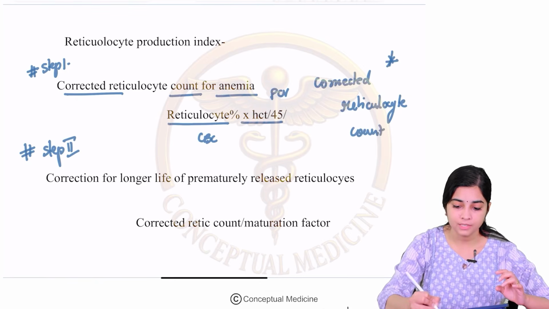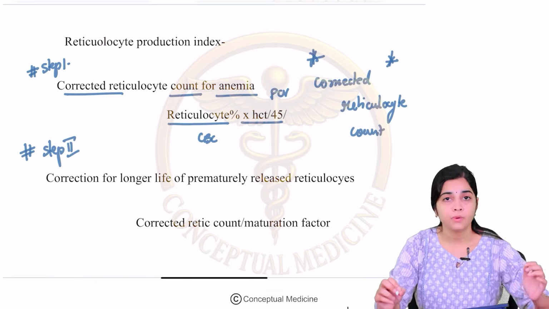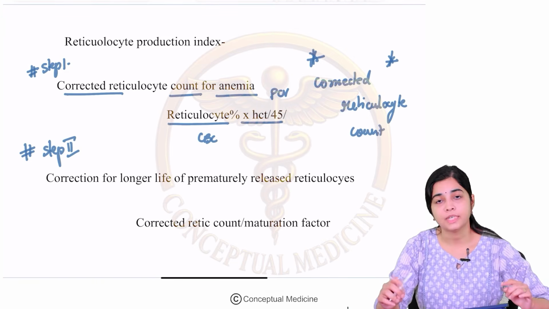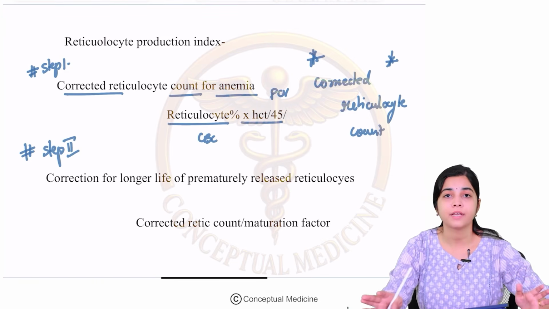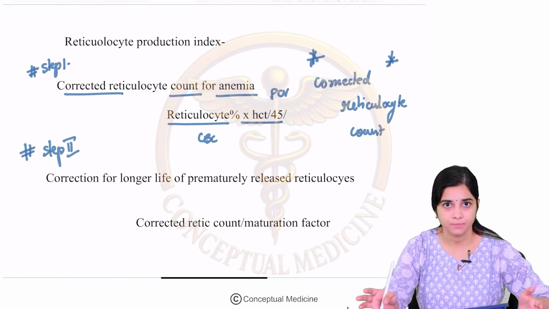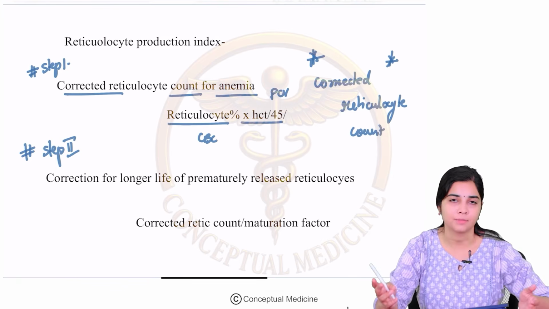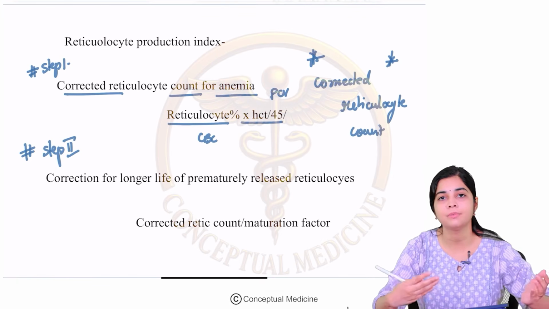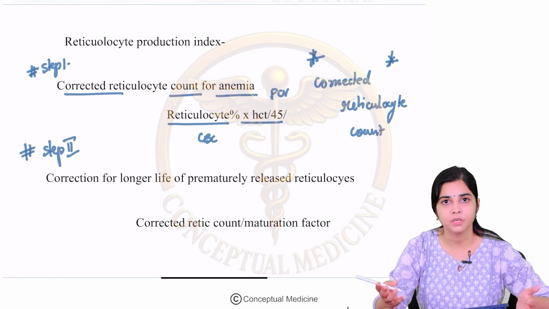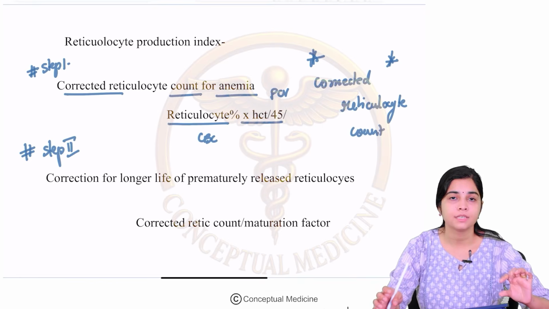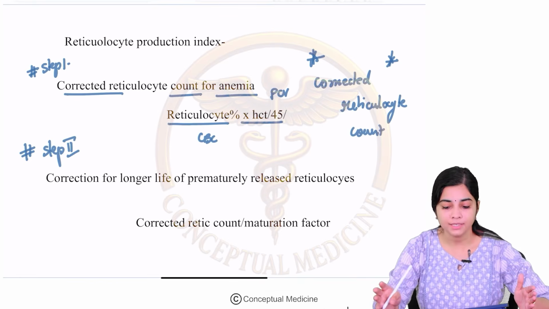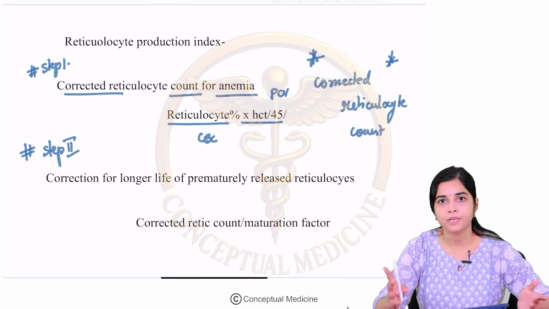Very important to calculate the reticulocyte production index: the first step is to identify the corrected reticulocyte count. What is it corrected for? It is corrected for the degree of anemia. The degree of anemia can indirectly be measured by the PCV. So the reticulocyte percentage which you obtain in the CBC, multiplied by the hematocrit divided by 45, gives you the corrected reticulocyte count.